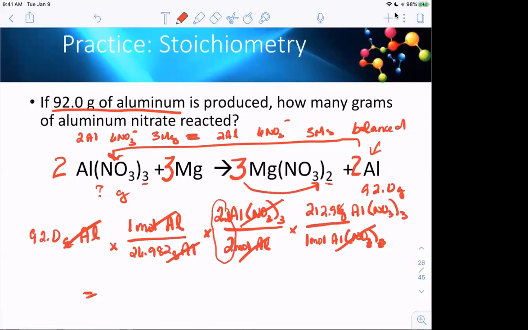And what I'm going to get is 726 grams of aluminum nitrate is made every time 92 grams of aluminum is produced.